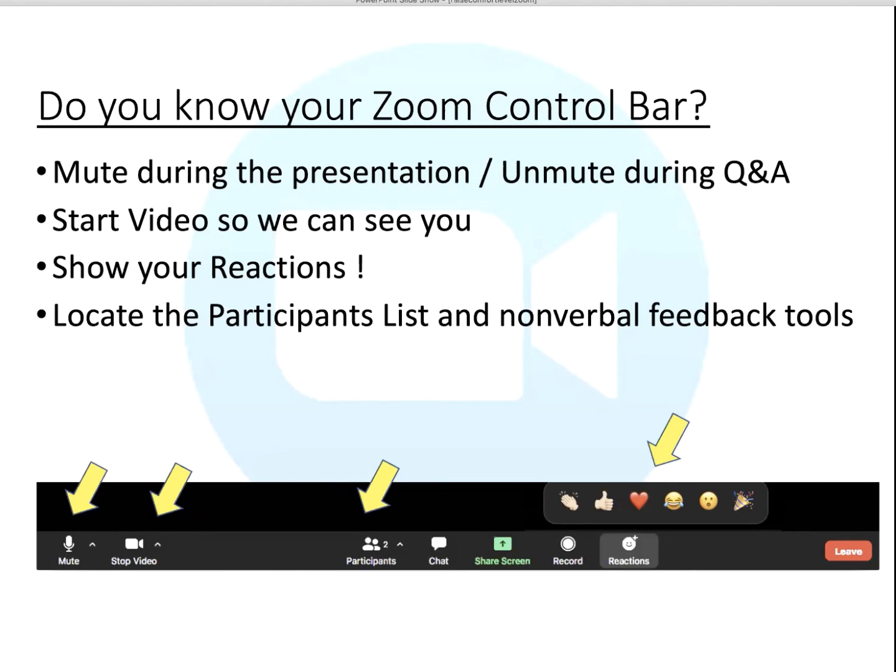So you are capable of hitting the raise hand button without unmuting yourself, and that alerts the instructor or leader or host that you have a question, and then you can be called upon at that time. So it's a great way to non-verbally communicate that you have a question, and then you wait until the section where the Q&A will be taken.